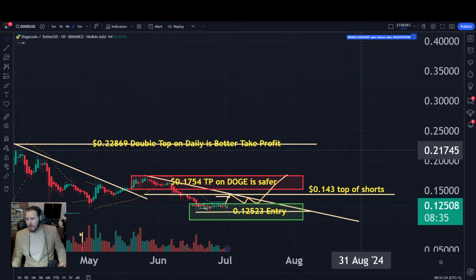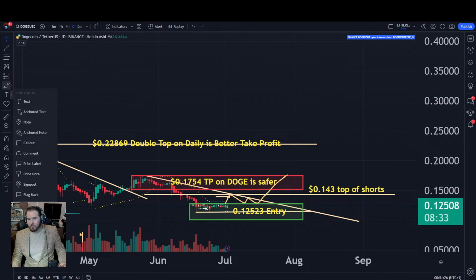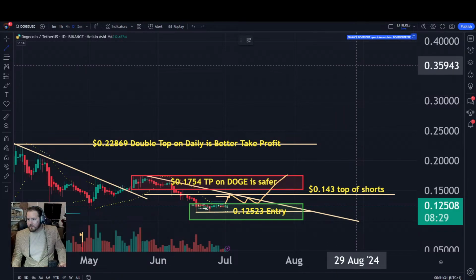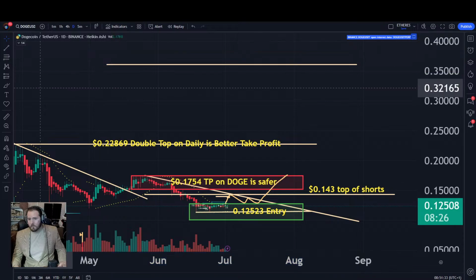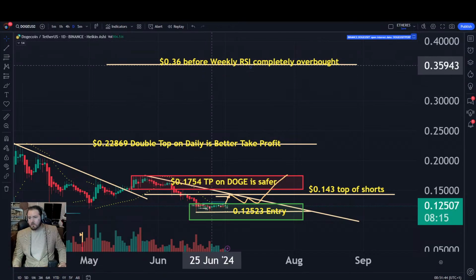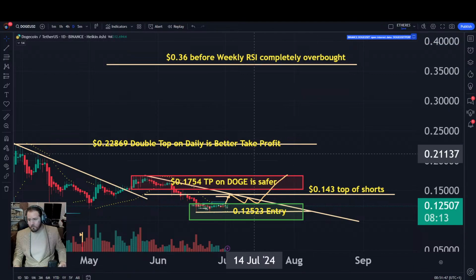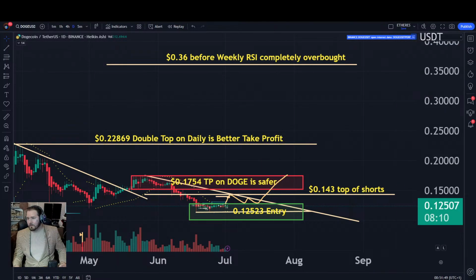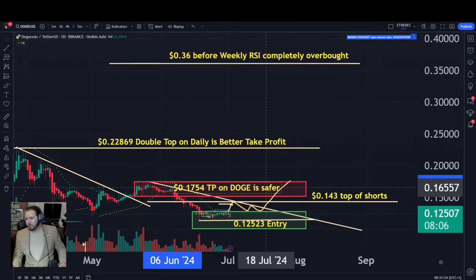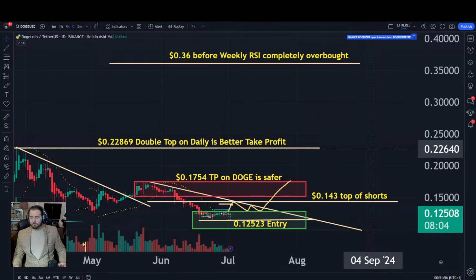You guys might think this is wild, but before the weekly RSI is completely overbought again, oversaturated, 36 cents. So the price of Doge would be 36 cents before that weekly RSI is completely overbought.